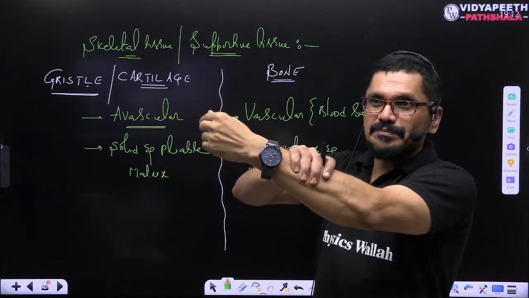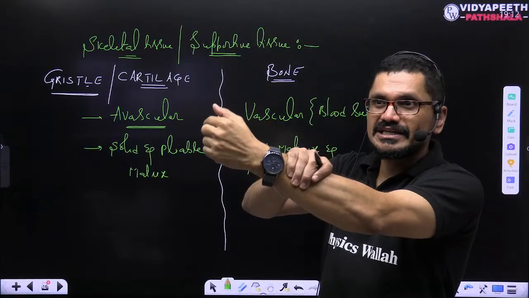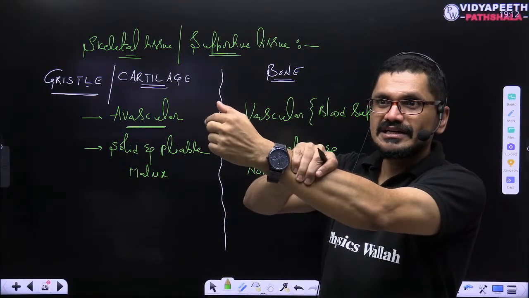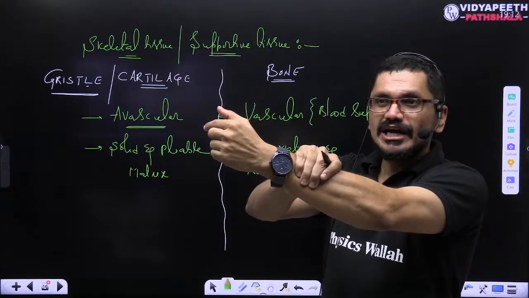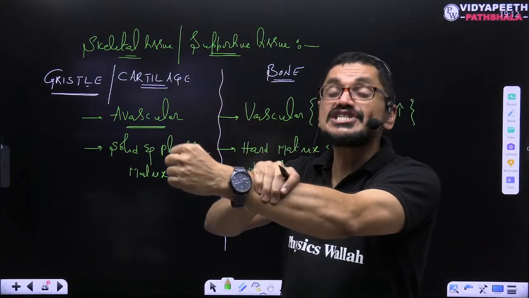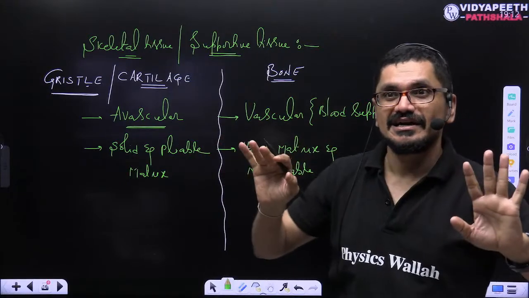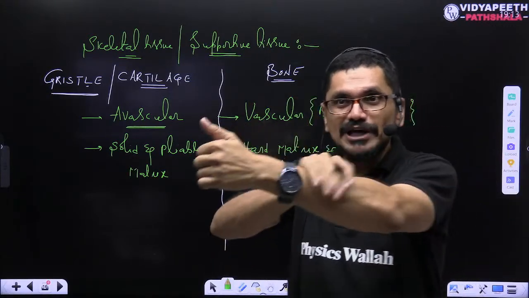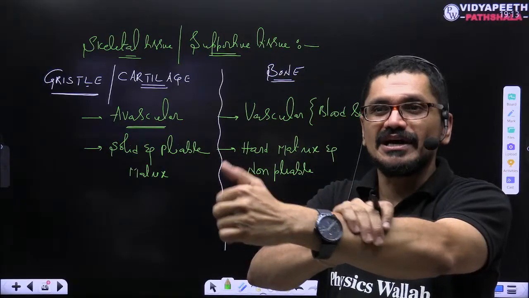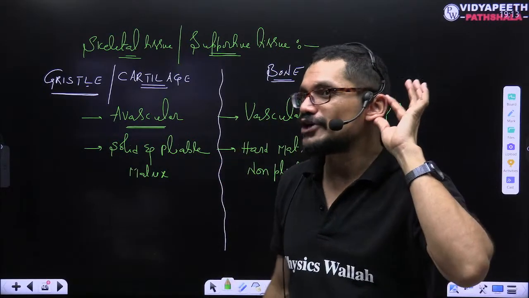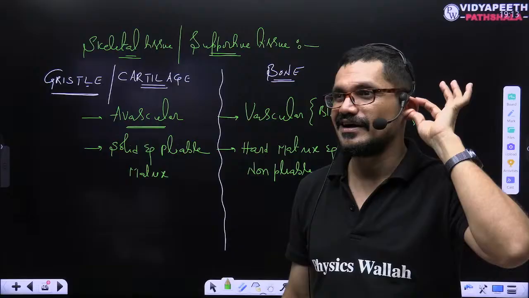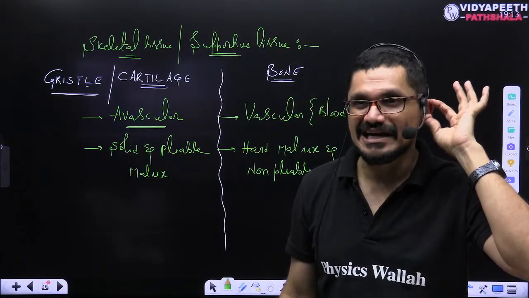If we apply pressure over the bone, will it take the pressure? It won't show any bending. It resists the pressure. If you apply too much pressure over the bone, the bone will break. But if you apply too much pressure to cartilage, it won't break. Instead, it shows bending, flexibility.